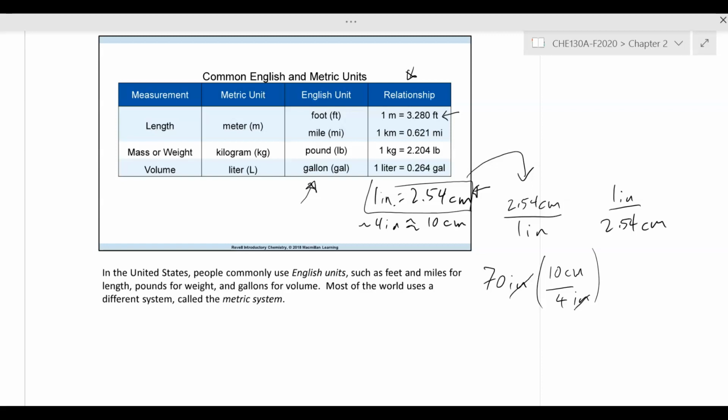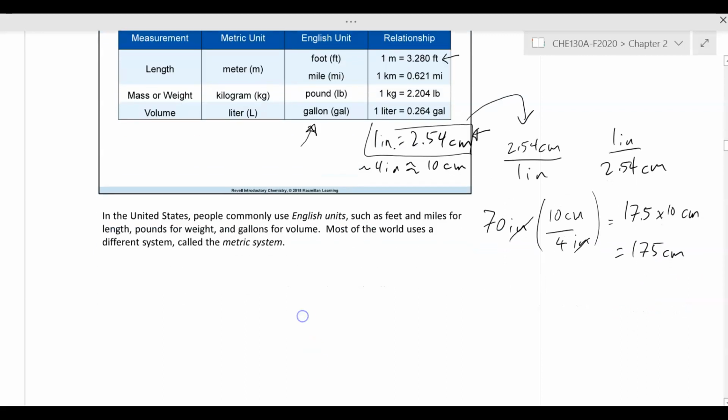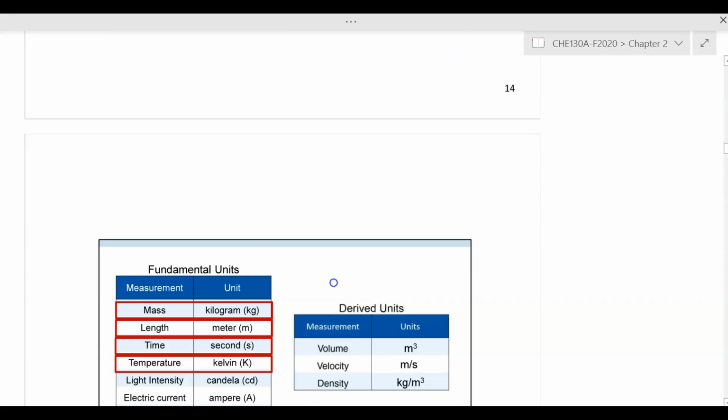It's going to be 2.5 less than 20, so I'm going to think it's going to be 17.5. That's 70 divided by 4 times 10 centimeters. So about 175 centimeters. Don't hold me to that. I'm probably shorter than I used to be.